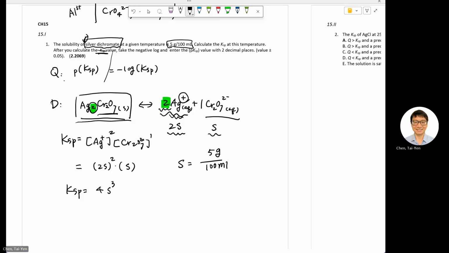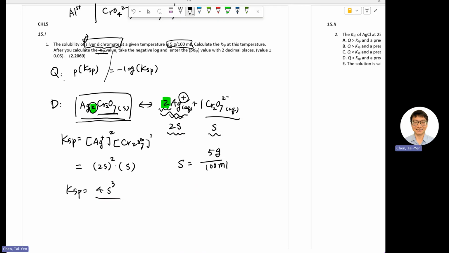Can you just plug that number into 4S cubed? The answer is no, you cannot do that, because every time you write the solubility for your KSP, it has to be molarity.